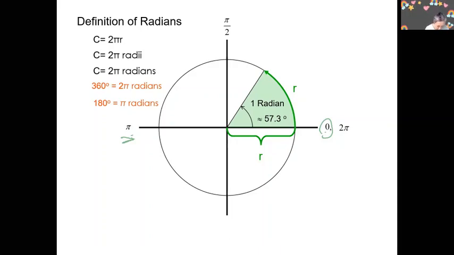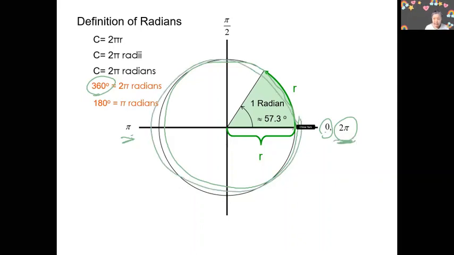Because one circular motion is 360 degrees, and going all the way back to the same starting point is measured as 2 pi.